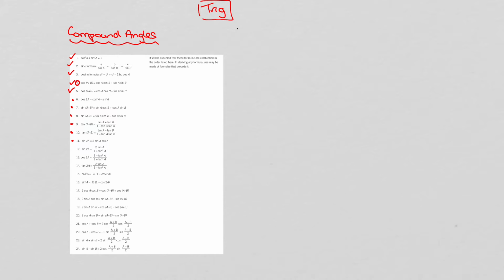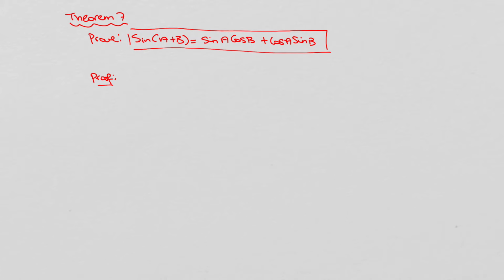So we're going to start with 7 today, and we're going to get sine of A plus B. I want to show that it's equal to sine A cos B plus cos A sine B. That means I can use anything before 7 to prove that. So where are we going to start?